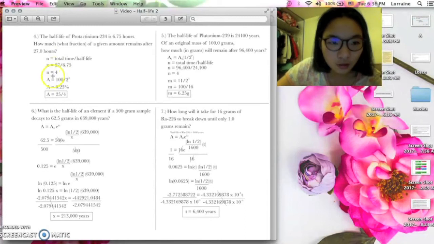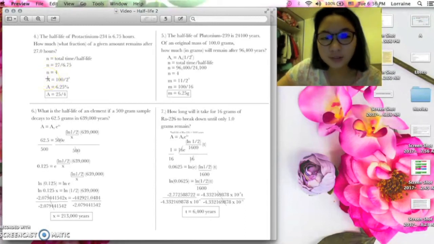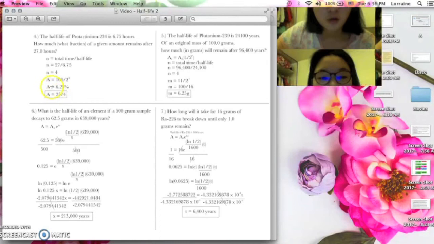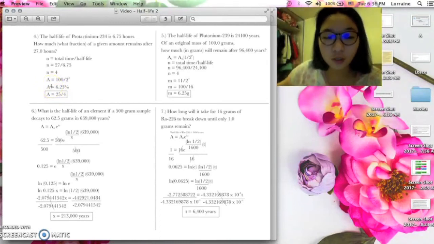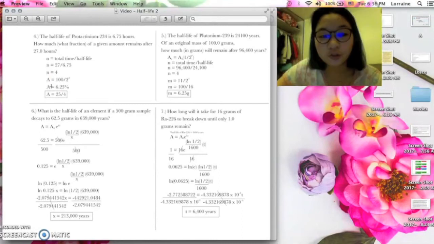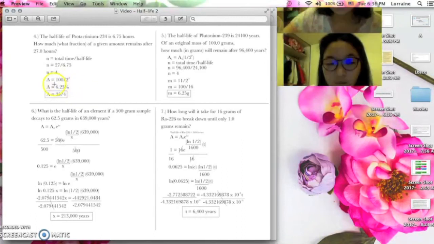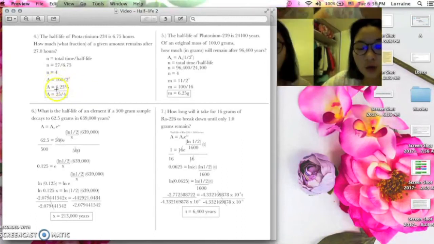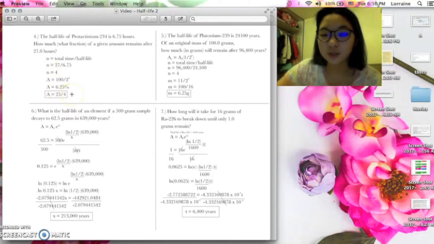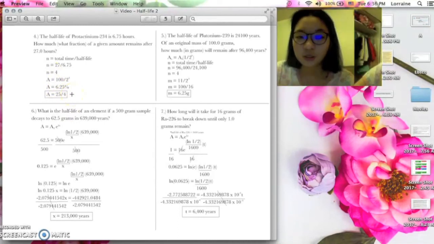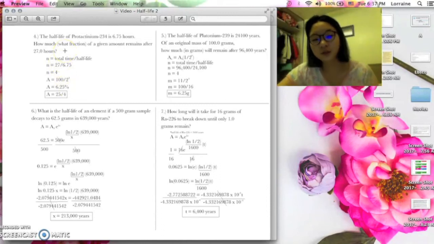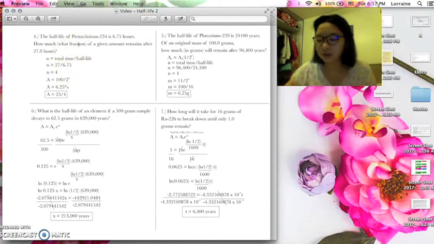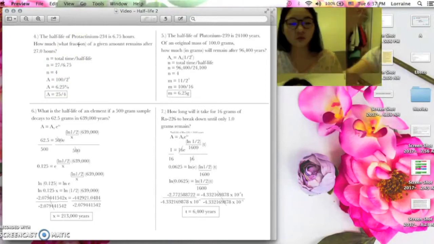And then, since this is a multi-step problem, we use this equation, A equals 100 over 2 exponent n. We used 100 here, just as I explained in the previous number, since 100 is the highest amount in percentage.